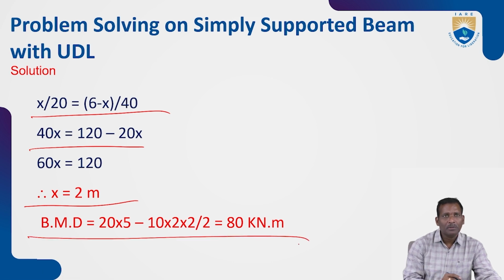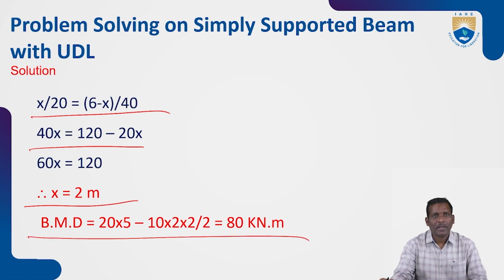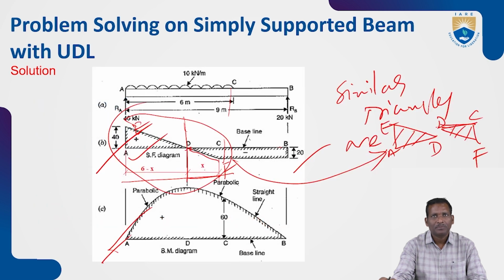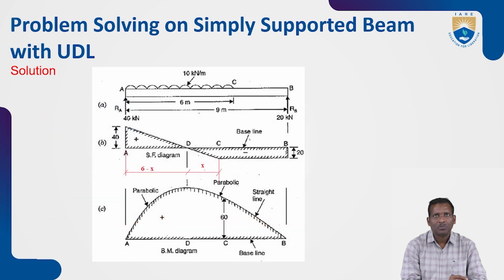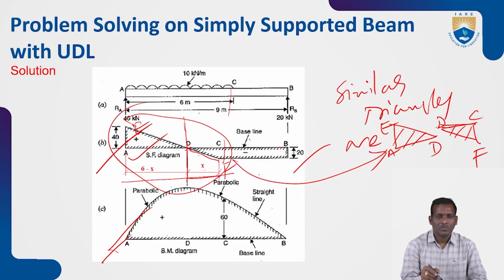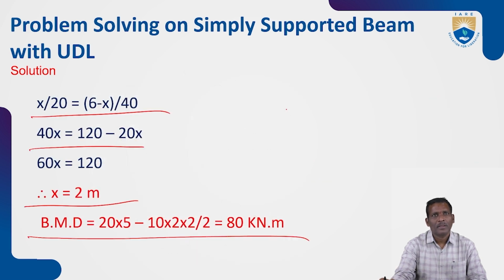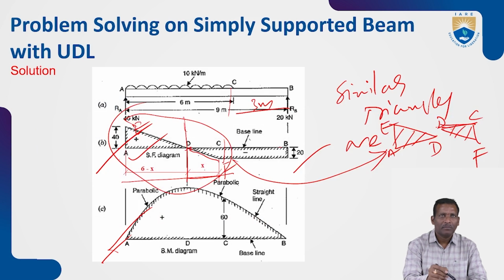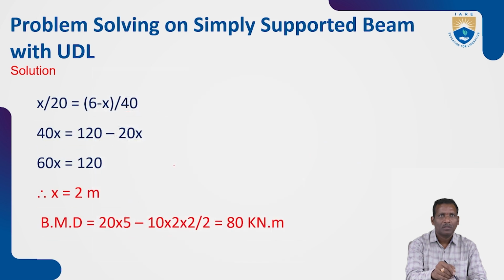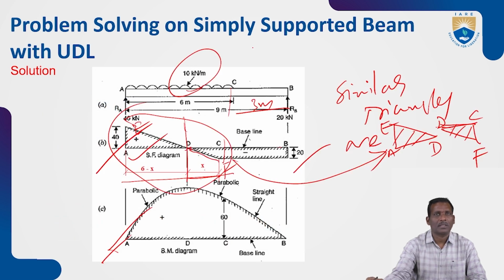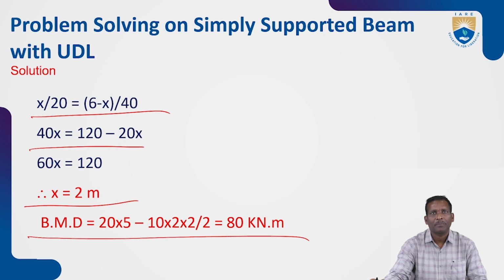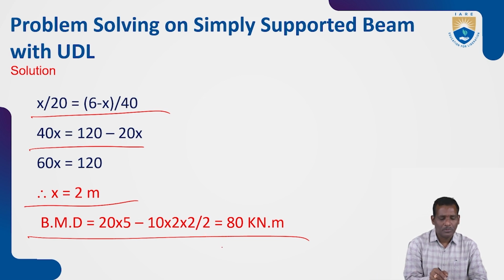Now calculate the bending moment at X. At the X value, it is 20 into 5, since the distance X is 2, so 2 plus 3 is 5, and the remaining value here is 3. So 20 into 5 minus 10 into 2, the UDL load is 10 kilonewton per meter, so 10 into 2 into 2 by 2, that is W into L by 2.